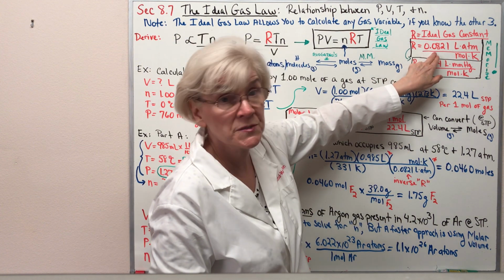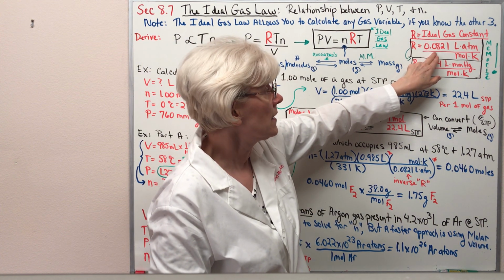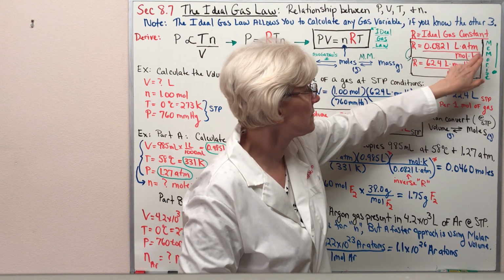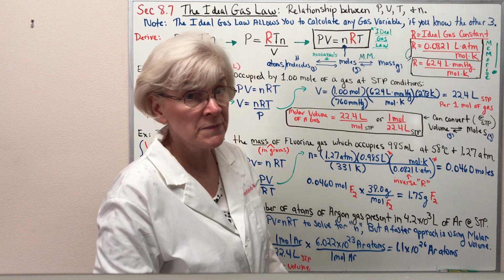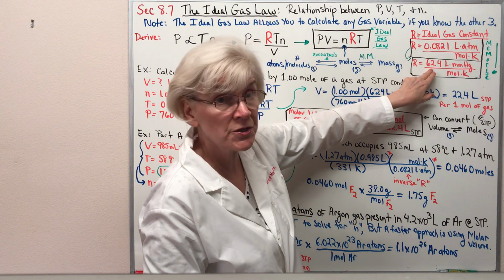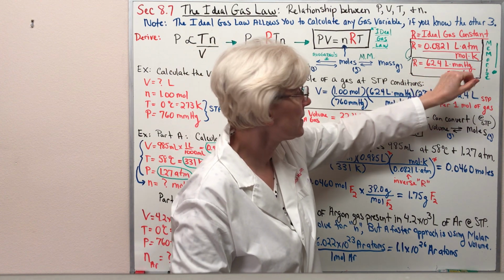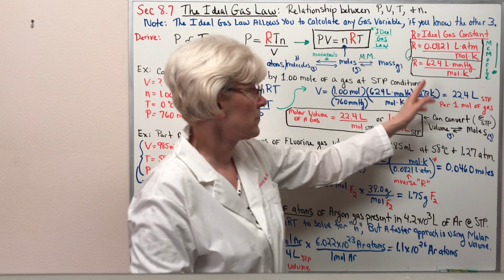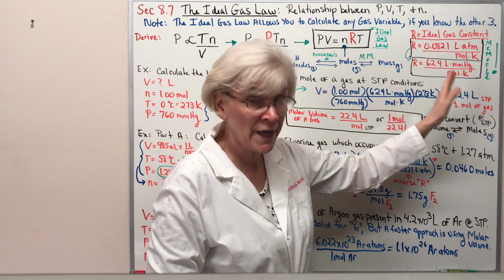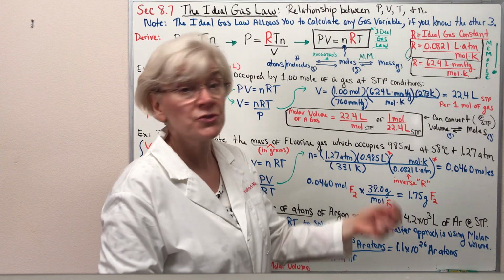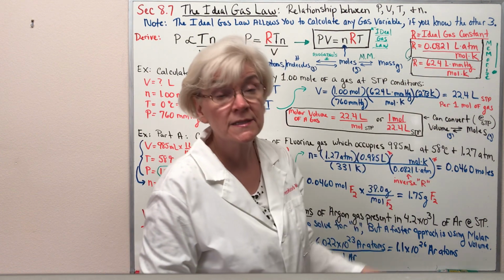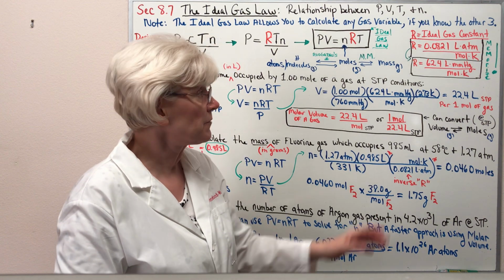Once you memorize 0.0821, all you have to do is multiply by 760 to convert atmospheres into millimeters of mercury. So R will have a value of 62.4 liter millimeters of mercury per mole Kelvin. So you need to memorize at least one R value, and then you should be able to figure out the other form of it depending on the pressure unit required.